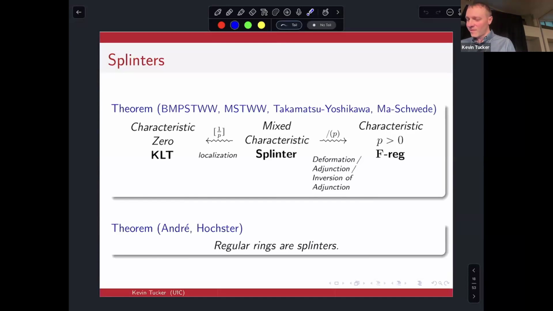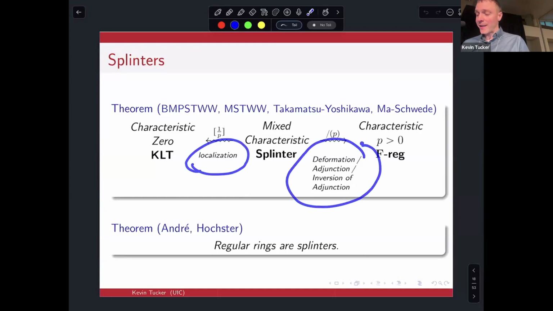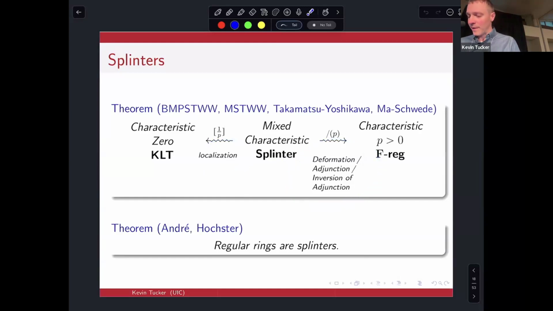Okay. In the coming slides, I will tell you a bit about both the localization and deformation and adjunction packages for the splinter condition. For both of them, there are some good ideas underlying the proof. So maybe I'll start with this first one.